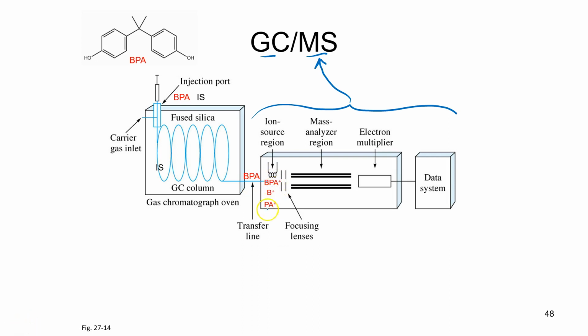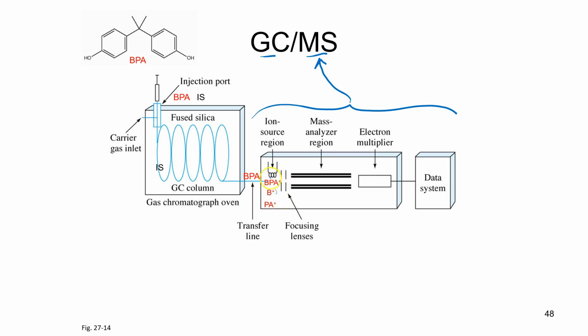And what I've crudely tried to show you here is that sometimes that ionization process is so energetic that the analyte gets fragmented. So again, I'm just doing this kind of crudely. B plus and PA plus are just fragments of BPA.